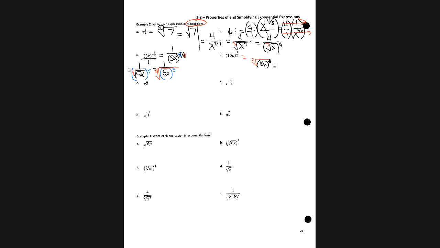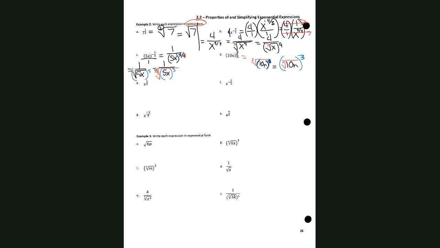Or we could have 10n inside the square root, and then we could raise that whole thing to the power 3. So the 3 is this 3 here, and the denominator 2 will always be the index of the radical, of the root.